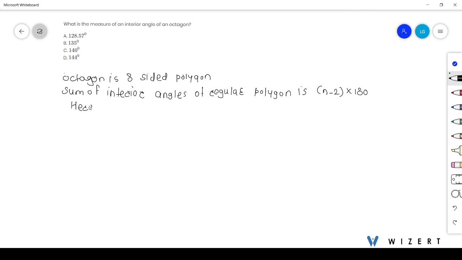Here n is 8. So the sum of the interior angles is (8 minus 2) times 180, that is 6 times 180, which is 1080.